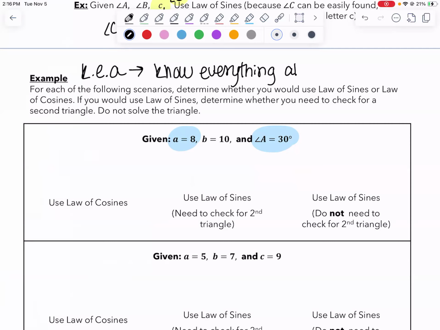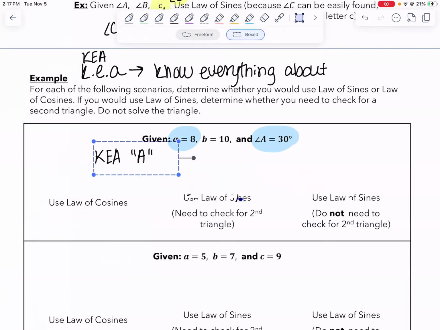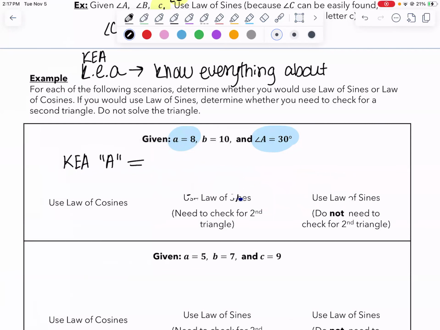I need a better word, but we're calling it KEA now. Maybe we should do capital KEA. We KEA, know everything about letter A here. And because we know everything about letter A, that means we are going to do law of sines.